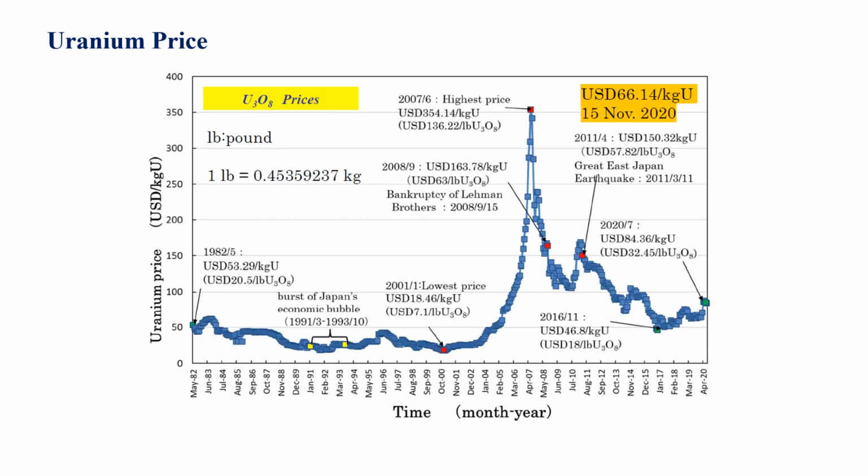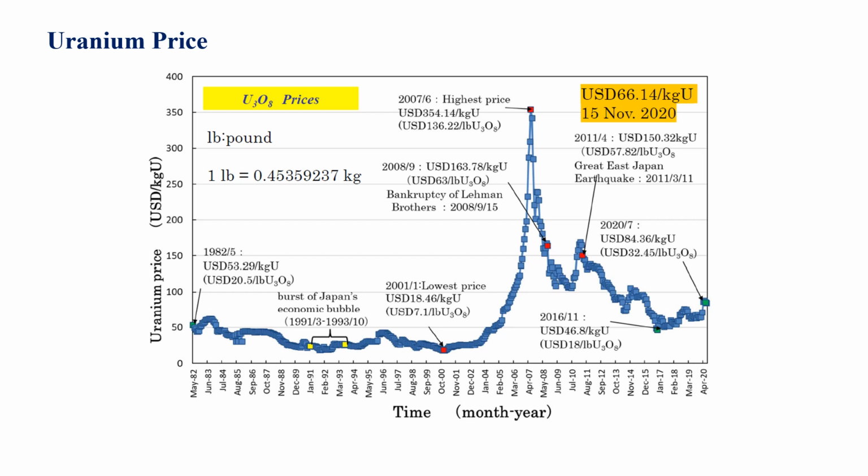This is the uranium price throughout the years. There was just a steady increase in the price around 2005 to 2007, where at 2007 you have the highest price of 354 US dollars per kilogram of uranium.